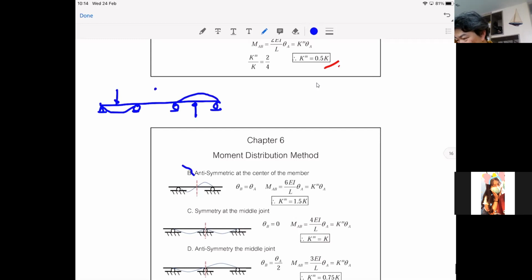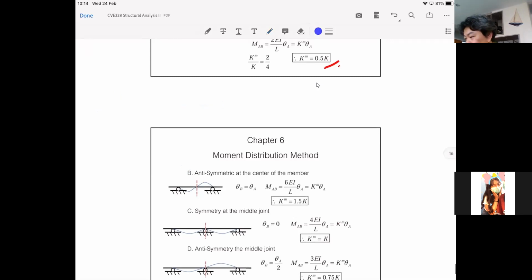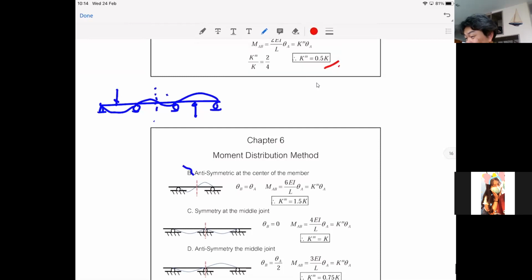And this is your line of symmetry. So it means that it should go like this. Can you imagine when you're trying to load the beam so that it has a double curvature like that? You should imagine that this is pretty stiff. And again, for you to have this, it means that the rotations actually go in the same direction.